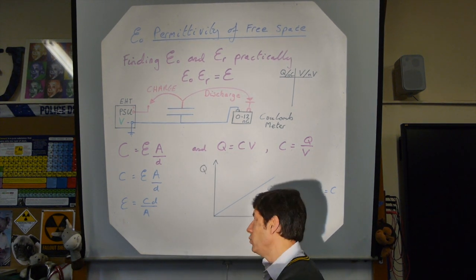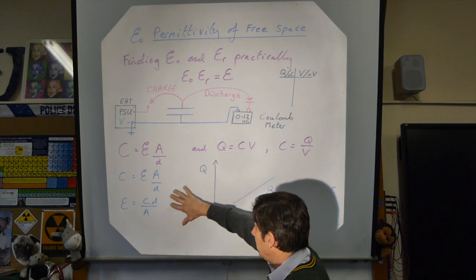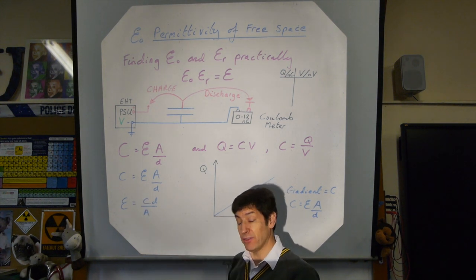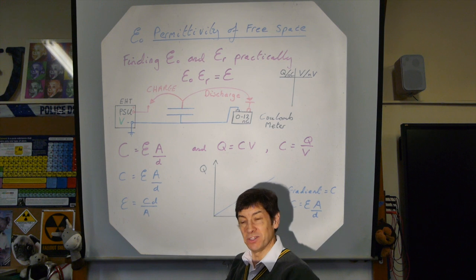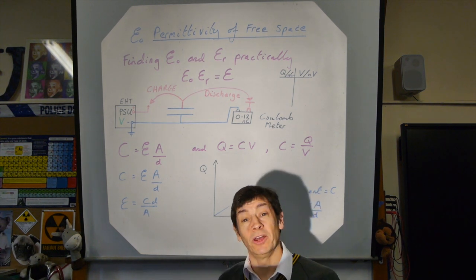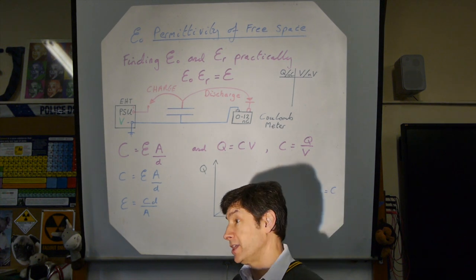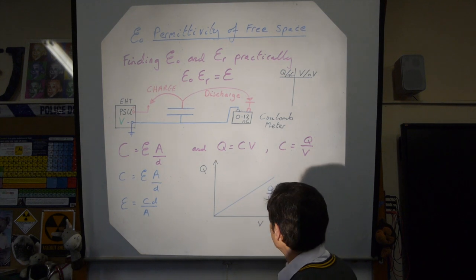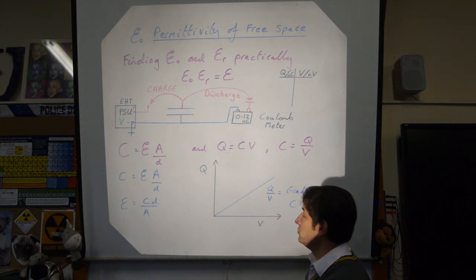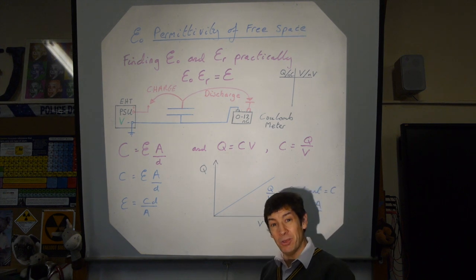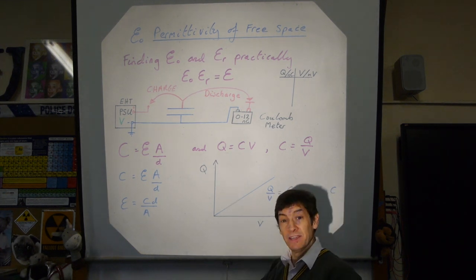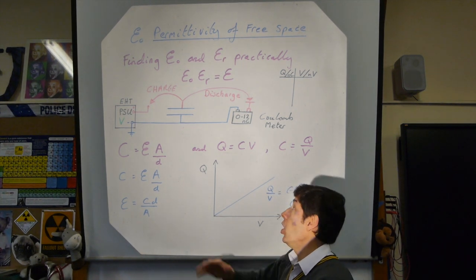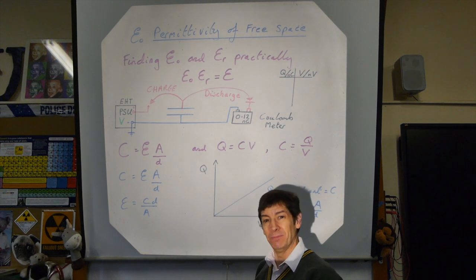Then working out the gradient this way would give you epsilon naught, epsilon r multiplied together, and then you just divide by epsilon naught, and you've got epsilon r. And it'll be a number, hopefully, like 3, 4, or 5. So, a nice little experiment there that will enable you to work out the permittivity of free space, and also the relative permittivity of a dielectric that you put between the plates.